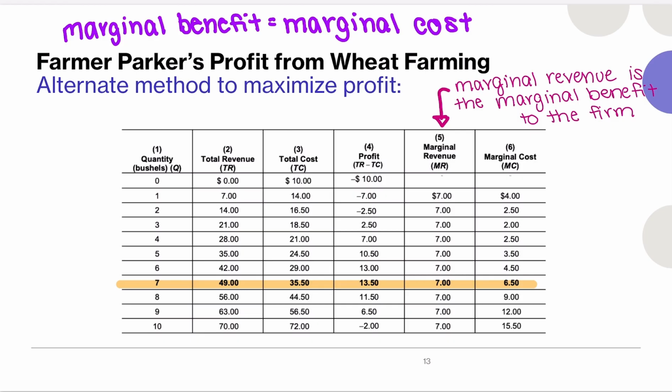So even using our marginal revenue equals marginal benefit assumption, we still find that he should grow 7 units, or 7 bushels of peaches, because that is where they are the closest to being equal, without marginal cost being greater than marginal benefit.